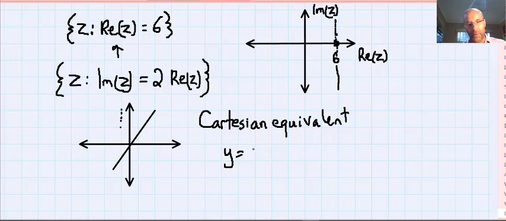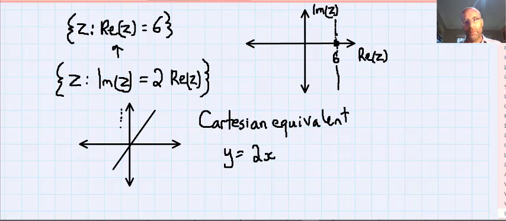So in equivalence we're doubling x, so y equals 2x will be the same. So y equals 2x, a Cartesian equivalent. Okay, so sometimes we're required to derive the Cartesian equation from the given locus, from the complex plane.